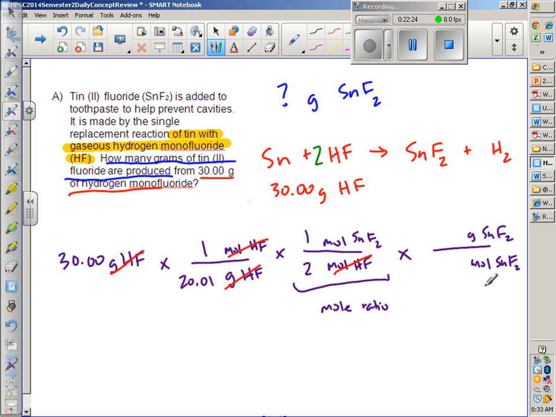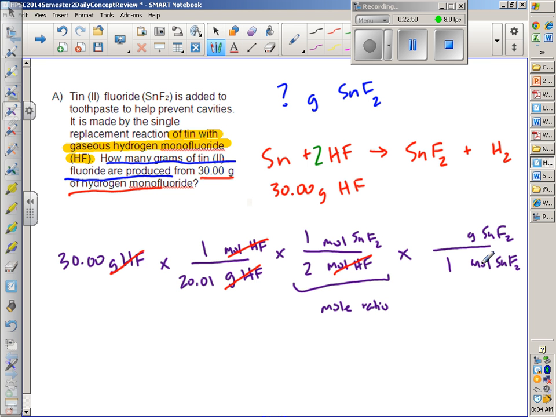We can convert moles of something to grams of that same thing. When we do, what goes in front of moles? 1. Regardless of what the coefficient is in the equation. In this case, it's 1, but even if it wasn't, that number is still 1. Because when we compare moles of something to grams of that same thing, it's on a per mole basis.